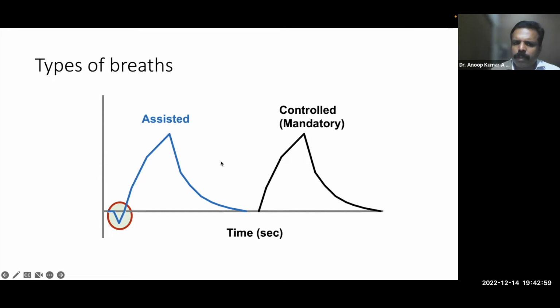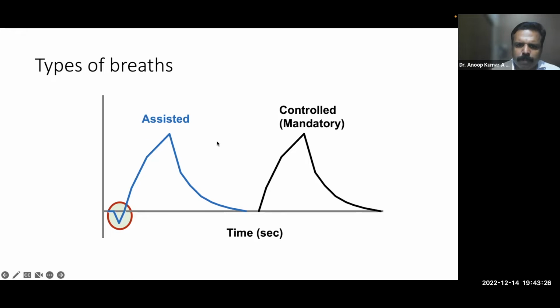All the ICU ventilators have only assist control mode. So that concept should be very, very clear. Then what is the difference between these two? That depends on whether the patient is breathing. If the patient is breathing, we can fine-tune the synchronization by adjusting the trigger sensitivity, and the patient effort should be sensed by the machine and the machine should deliver the breath.